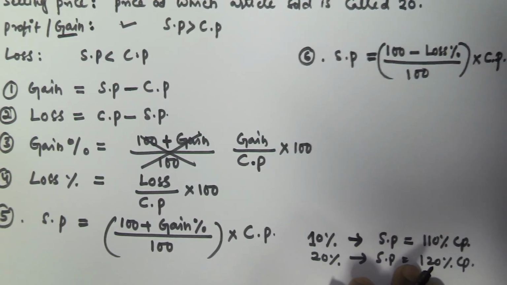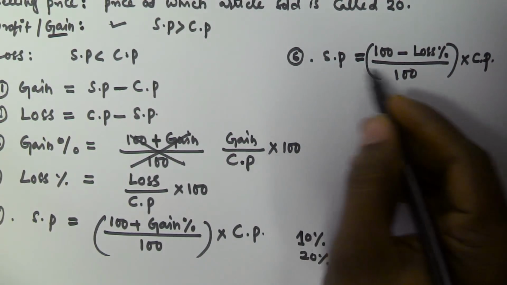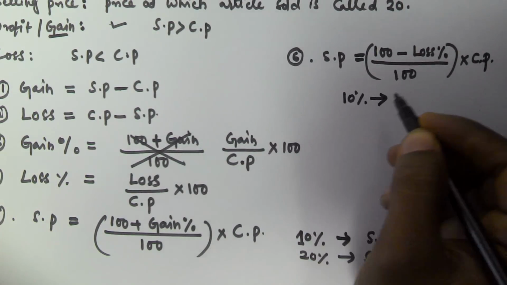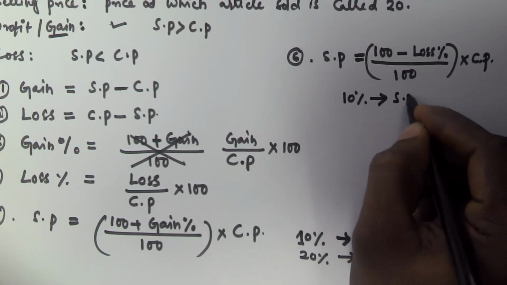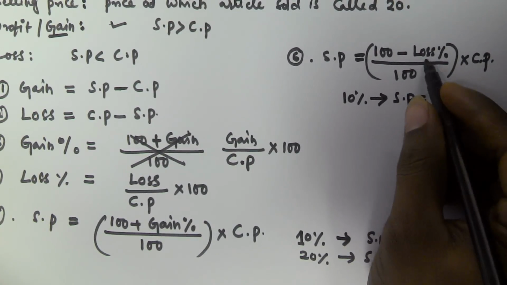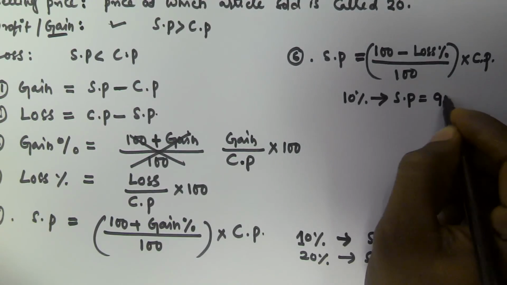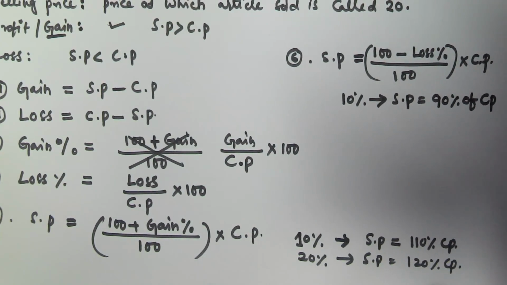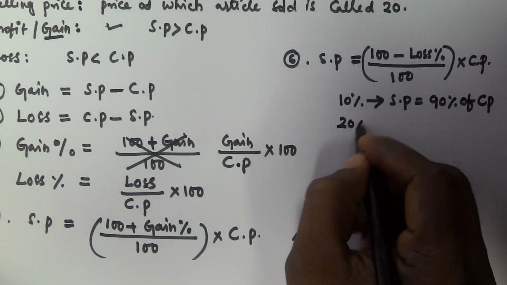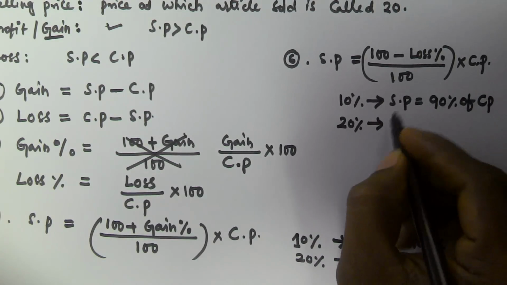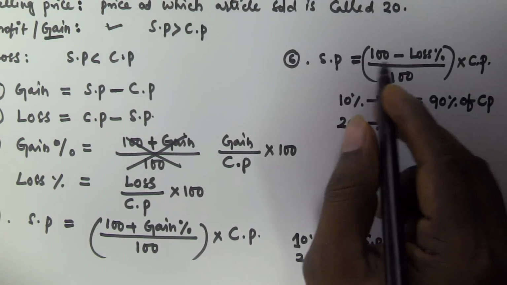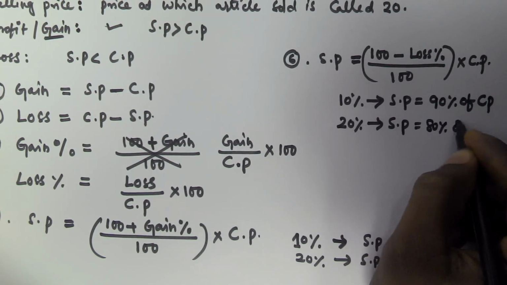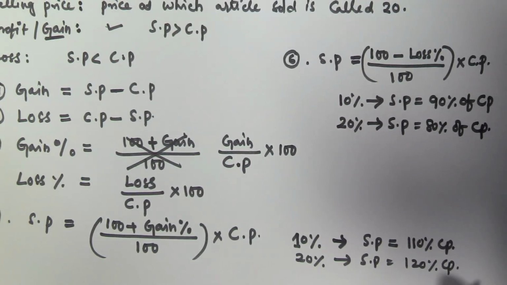For example, if there is a 10 percent loss by selling an article, then his selling price is 100 minus 10, that is 90, 90 by 100, so 90 percent of the cost price. If there is a 20 percent loss, then 100 minus 20 is 80, so 80 percent of the cost price.